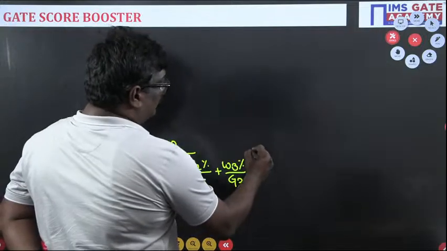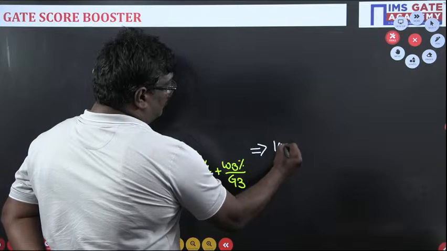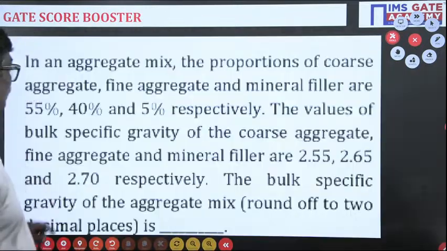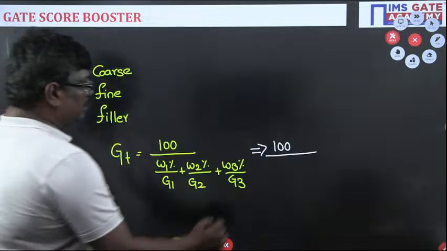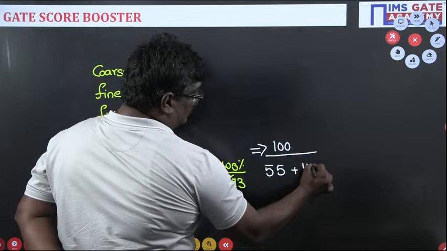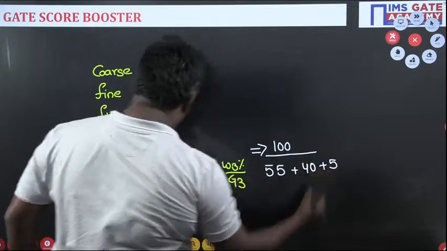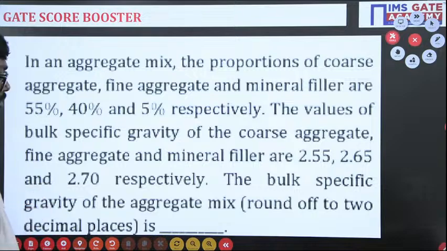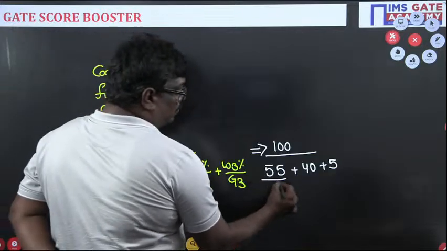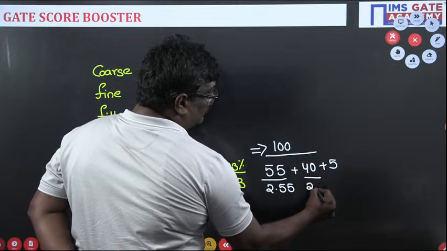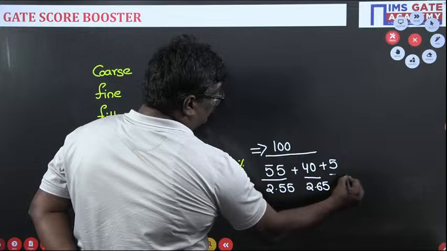So it will be equal to 100 upon 55 plus 40 plus 5. But G1 also we have to see. What is G1, sir? 2.55 upon 2.65 upon 2.70.